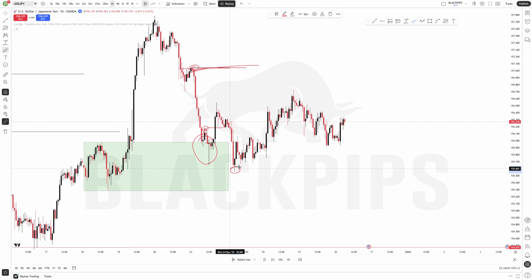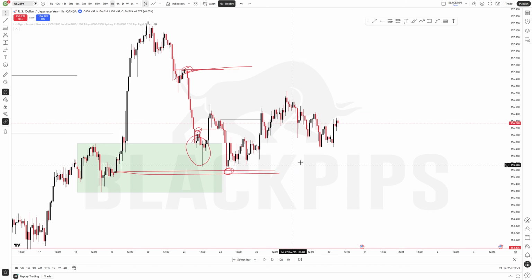But at the second touch, the price came again, reacted to the same area, and then give us the transition plus the inside formation. So now we can consider this as our new transition. Are we together, guys? So we can consider this as our new transition after the second reaction.